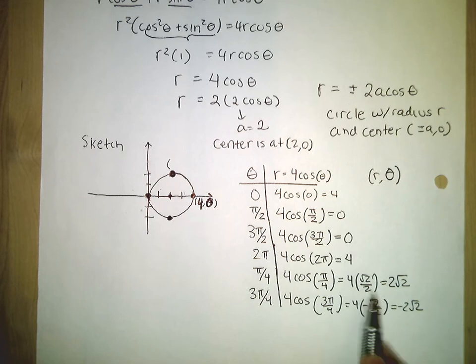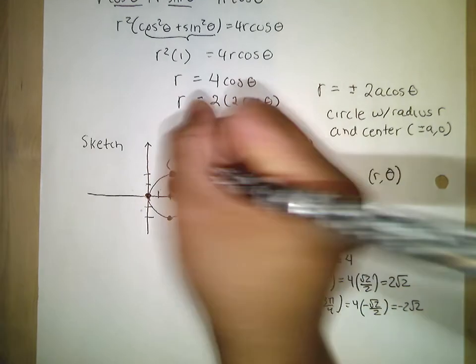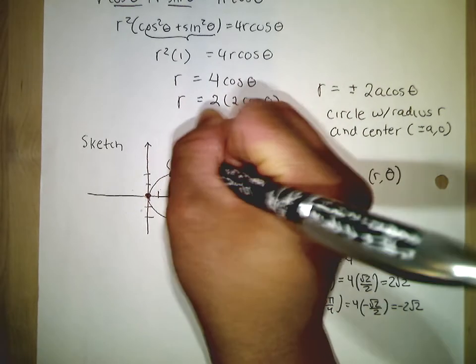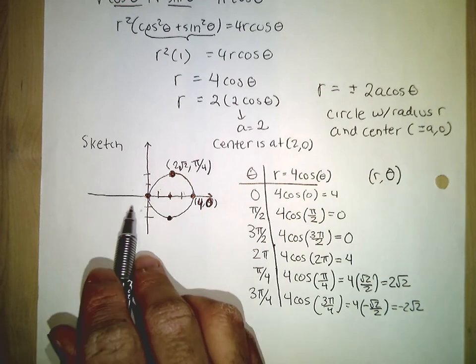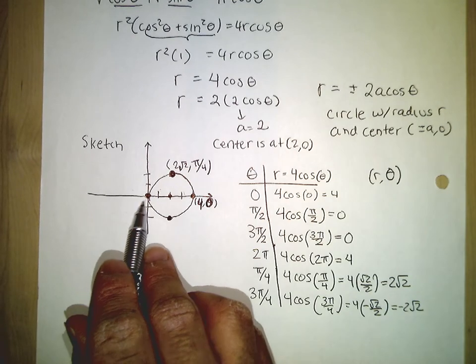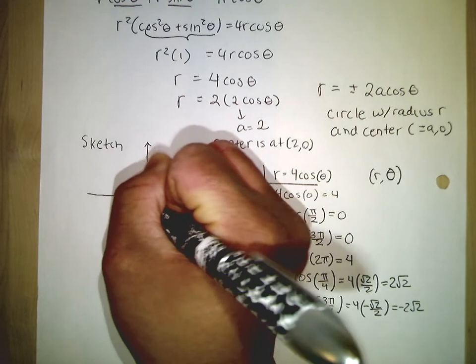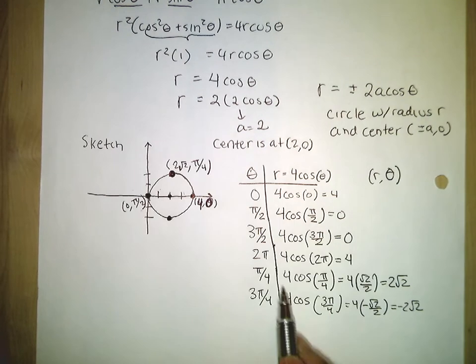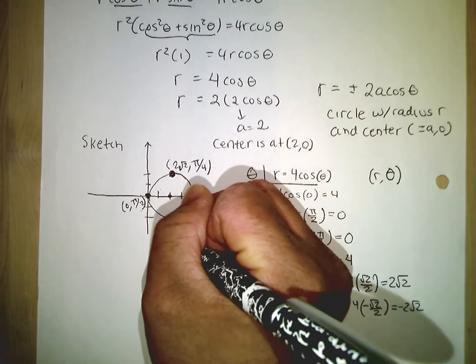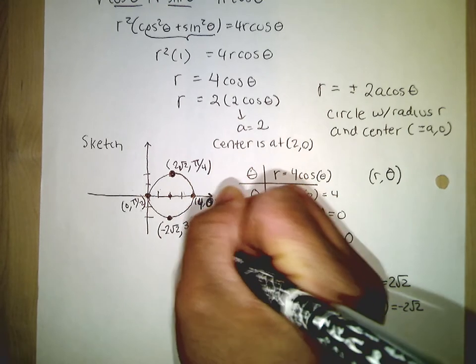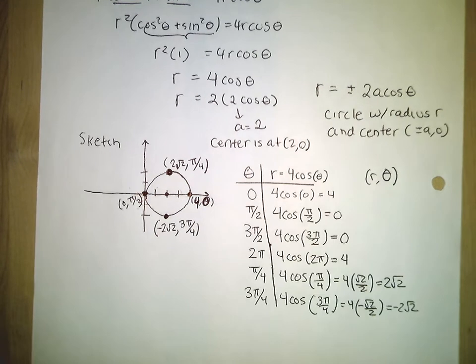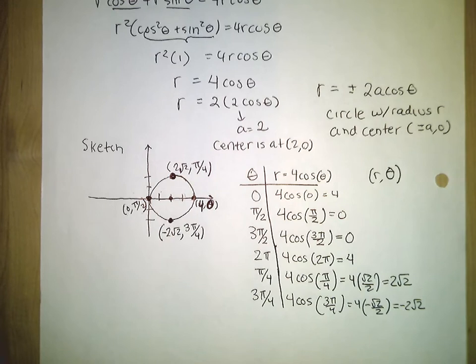And this is the point 2 root 2, pi over 4, and this was the point 0, pi over 2, and this was the point negative 2 root 2, 3 pi over 4. So again, you could do this all in polar coordinates if you wish to.